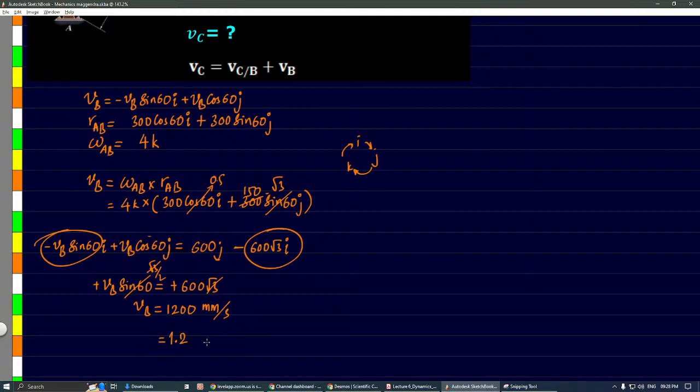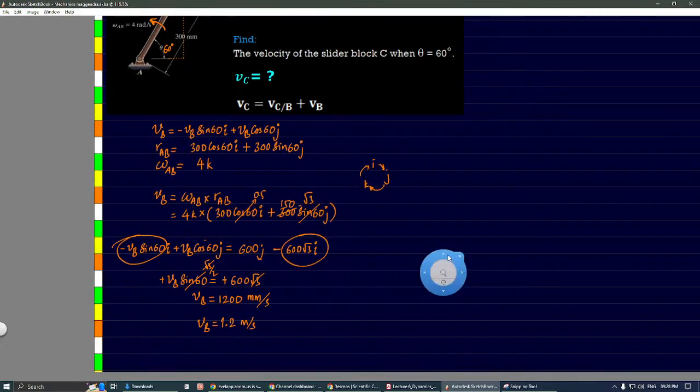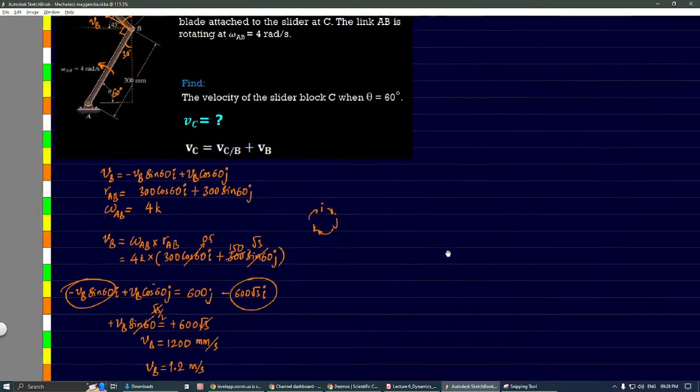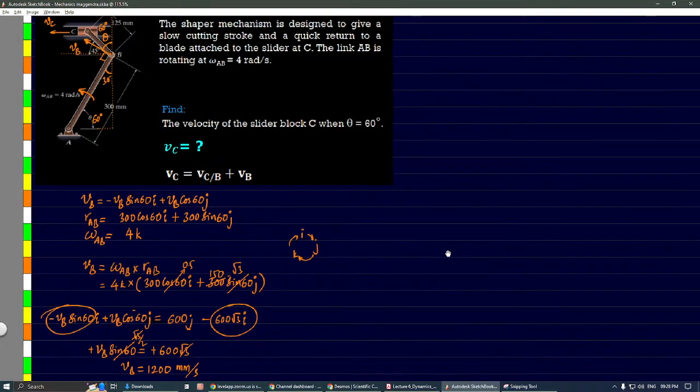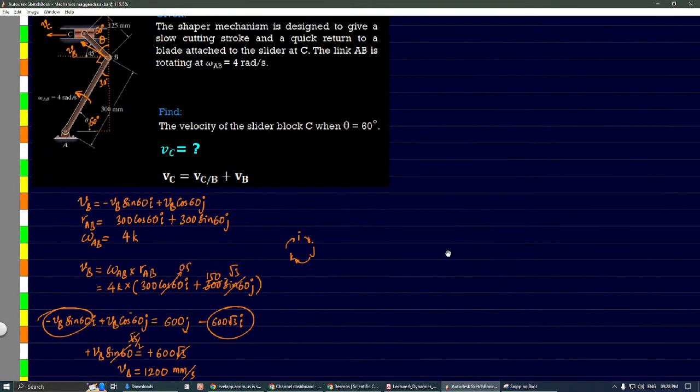Divide by 1000, you will get 1.2 meter per second. This is the value of the velocity of B. Velocity of B. Next.